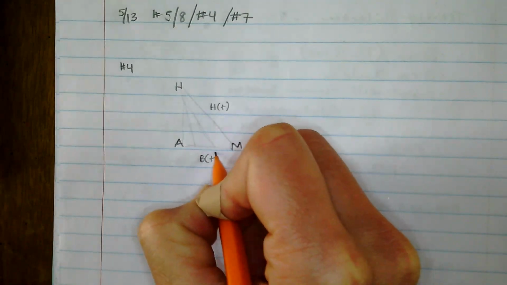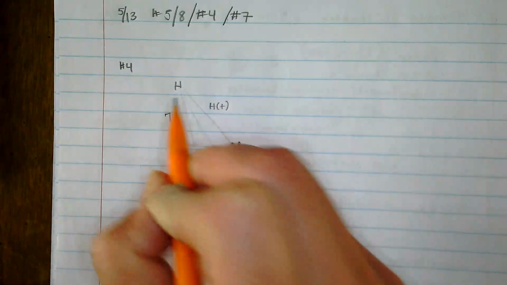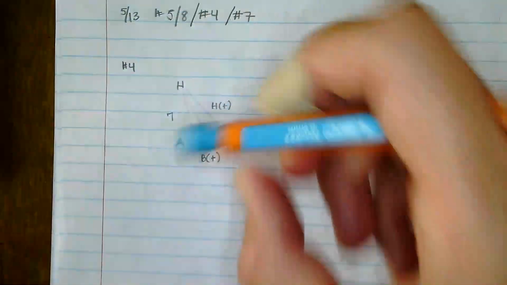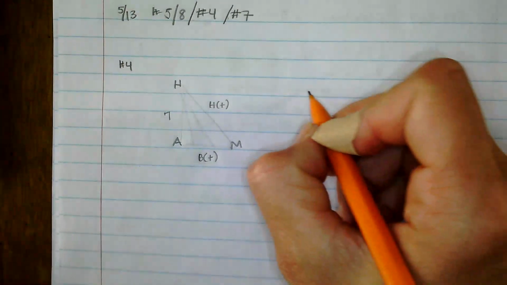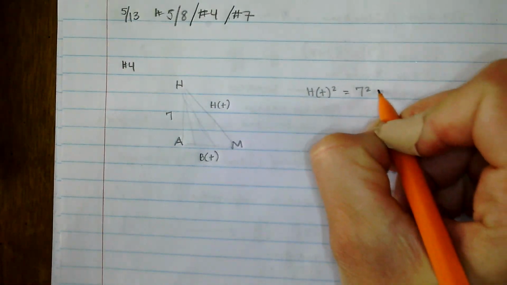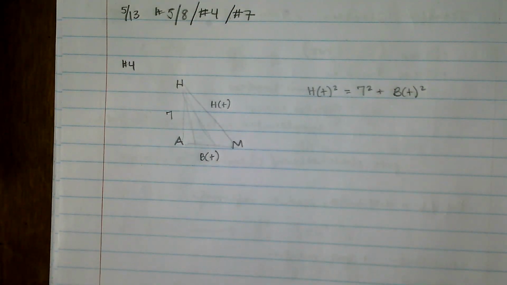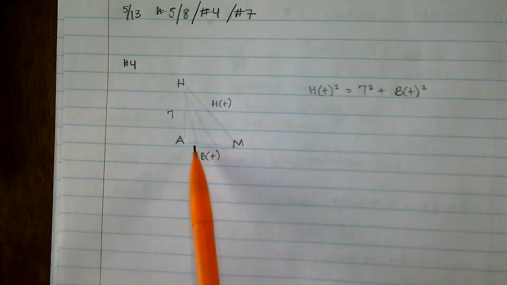This 7 squared is constant, and b(t) is changing. So h(t) squared equals 7 squared plus b(t) squared, and this is changing and this is changing.